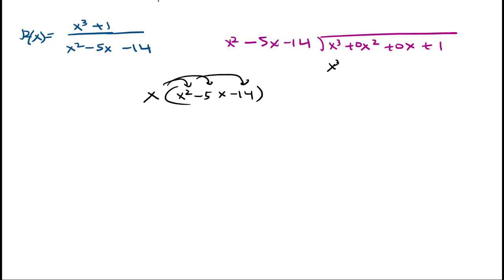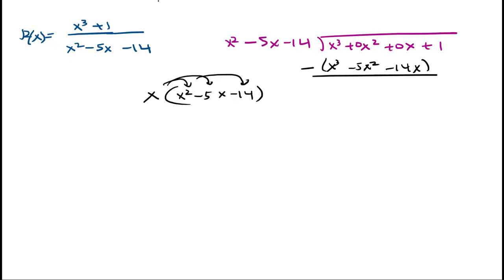So that's going to be minus 5x squared and then minus 14x, right? So again, I just put these placeholders here so that I'm able to subtract them or line up the terms directly under each other. Okay, but again, it's not required.